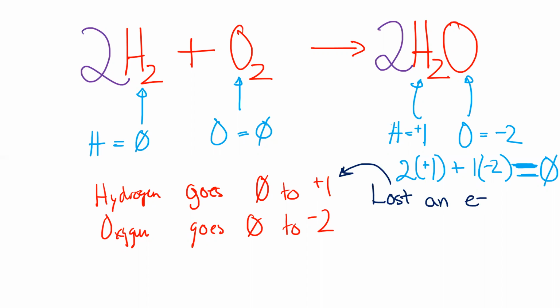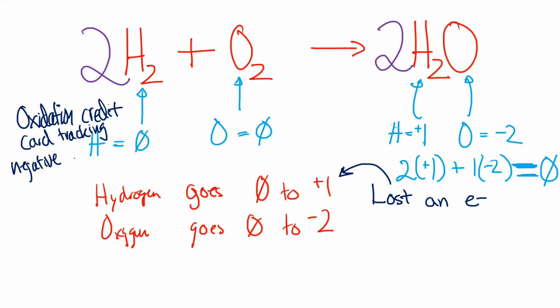This is like a credit card. When you lose a charge, something becomes more positive. You lose a negative charge, the oxidation number becomes more positive. Oxidation number, this is your oxidation credit card tracking negative charge of electrons.